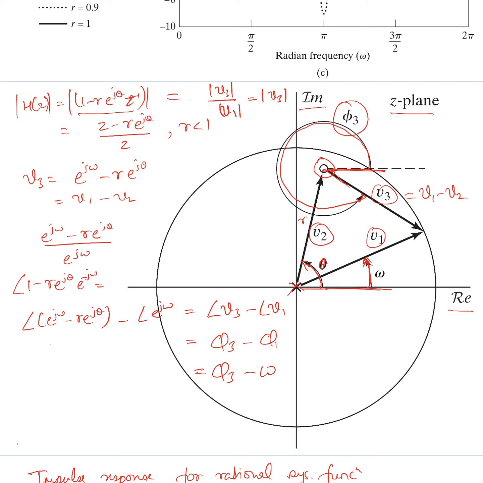Now in the next lecture, after all this discussion and all these plots, we shall see the geometrical interpretation of those minimum phase systems. This discussion is for a single factor of this form, which may appear in the numerator or the denominator.